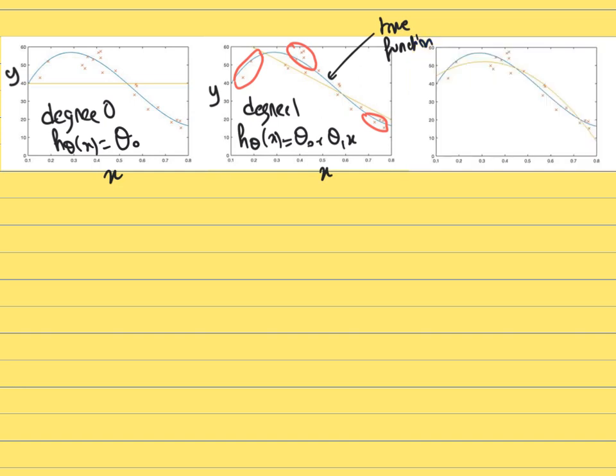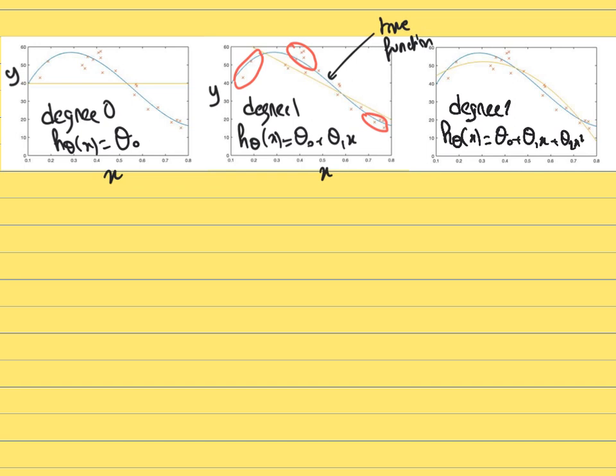Now this is what you would get if you use a degree 2. If you assume a quadratic relationship, your model now has a quadratic dependence on x: theta naught plus theta 1 x plus theta 2 x squared. As you can see, it's a little bit better than the degree 1. Now you're capturing the non-linear relationship between x and y.